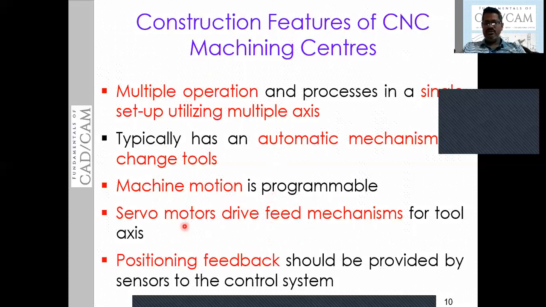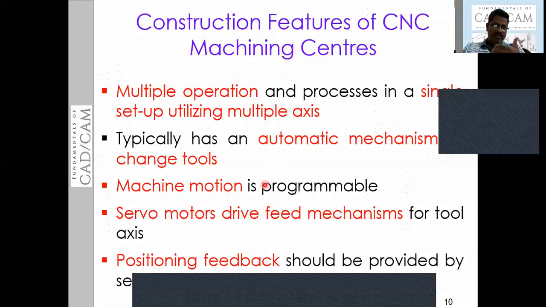Then it must have the servo motors to feed the mechanism or to move the tool as well as the table to bring the workpiece to the tool. Then it must be able to take the feedback signal to rectify the errors in the positions of the table as well as the tool.